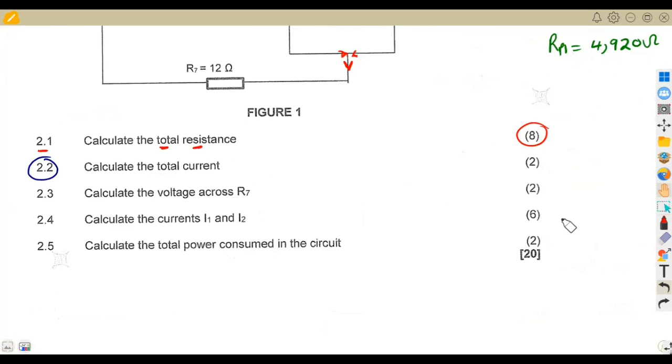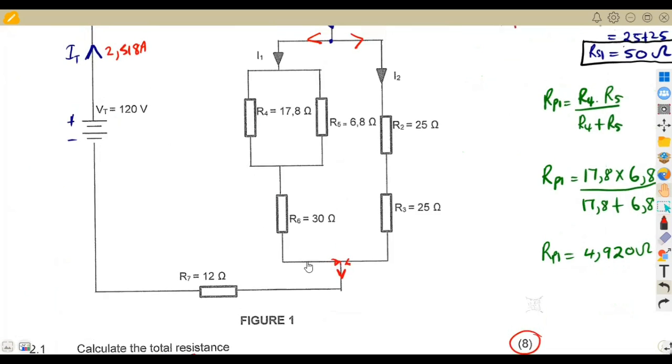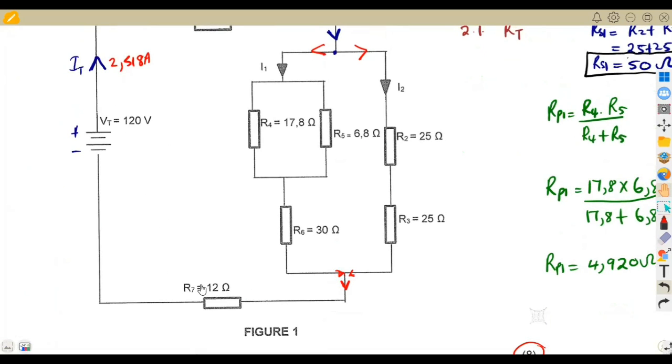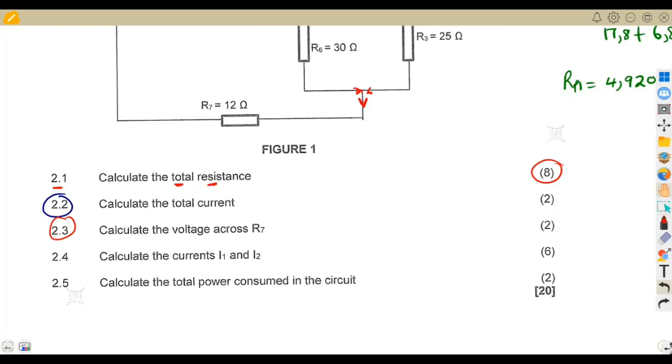Then now they're asking us to calculate the voltage across R7. Where do we have R7? This is where we have R7. If we check from our diagram here, like I was saying before, the current flowing here is the same as the current at R7. R7 is affected by the total current, so to get the voltage across it, we just multiply by the current.